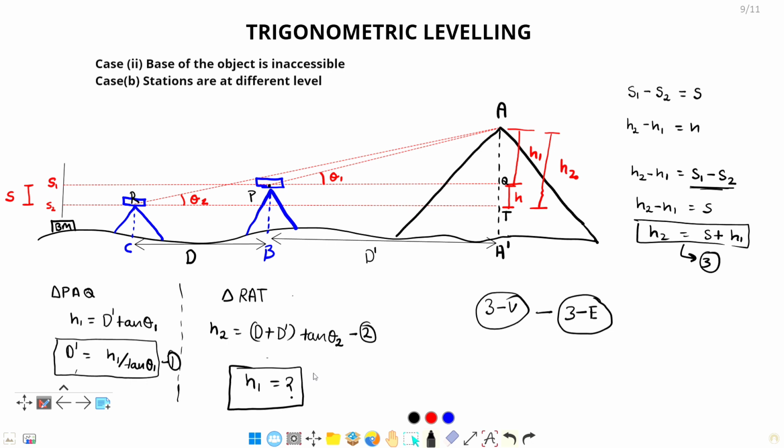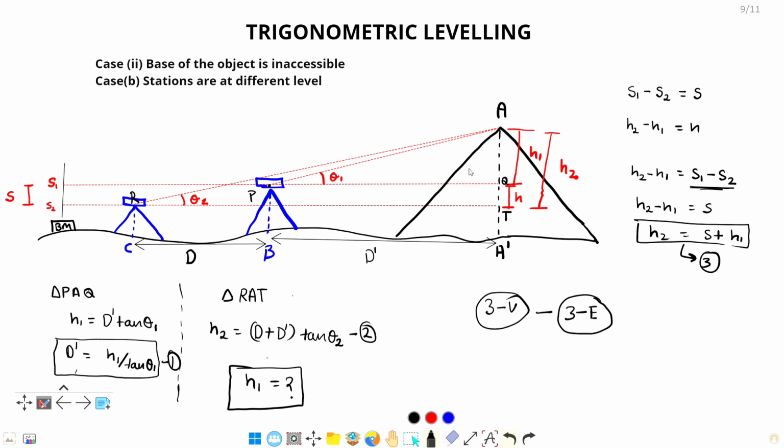Just remember the trigonometrical leveling concept, that you apply the trigonometry and calculate H1, the unknown part, and once you have calculated H1, the RL of A will be what?